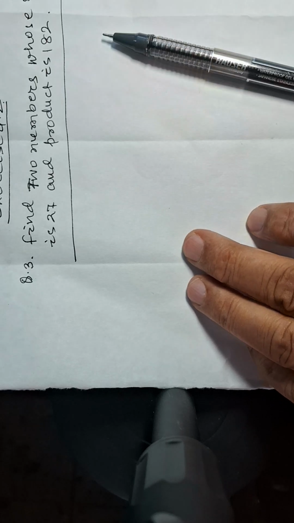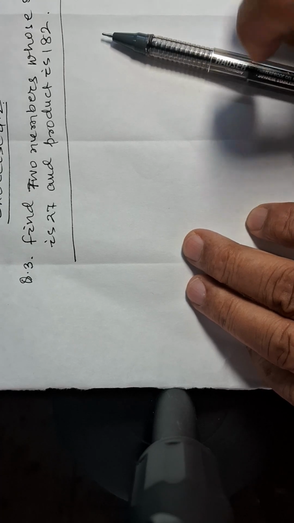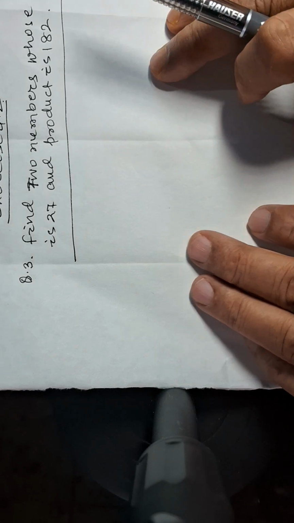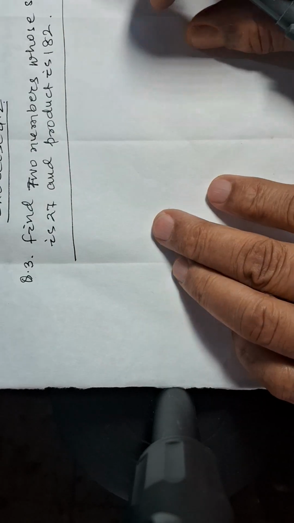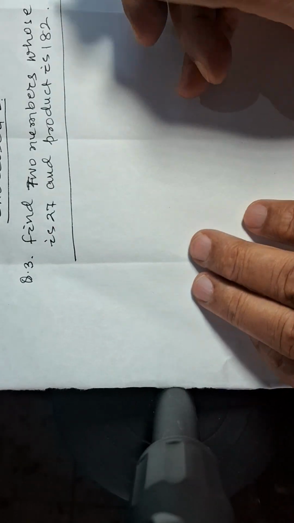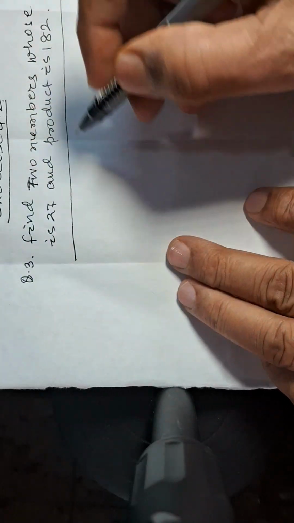In this question, it is simply written two numbers, randomly. It is not written that they are consecutive numbers, odd numbers, even numbers or prime numbers. Nothing is specified; just two numbers whose sum is 27.